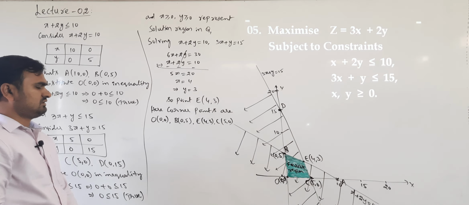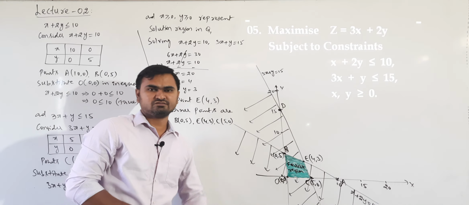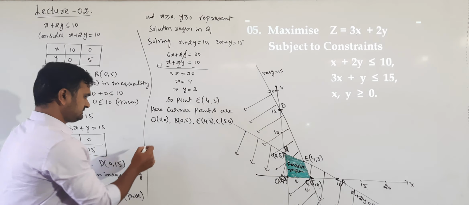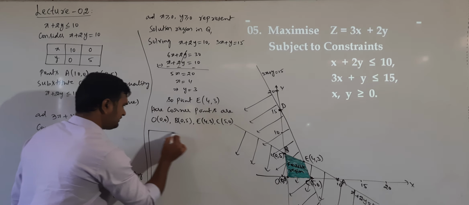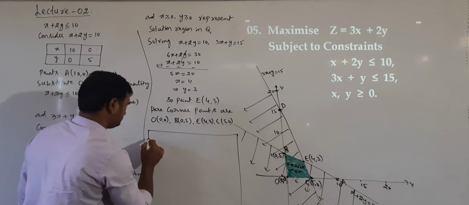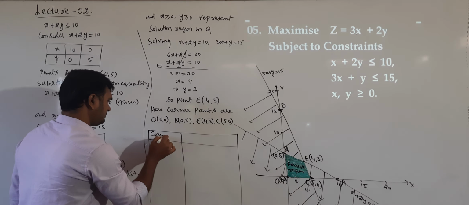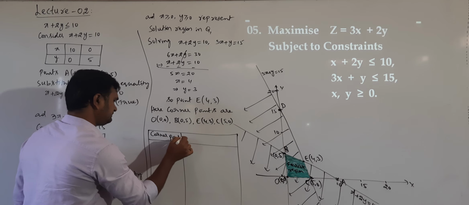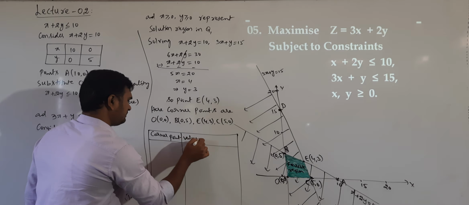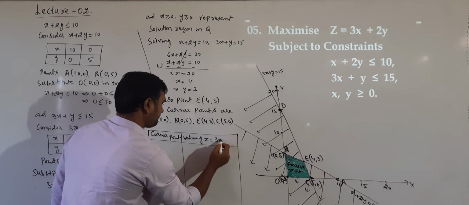Right. Now after finding these corner points, we have to find the values of Z at each of the corner points. Now I can write this in the form of a table. Corner point, value of Z equal to 3x plus 2y.